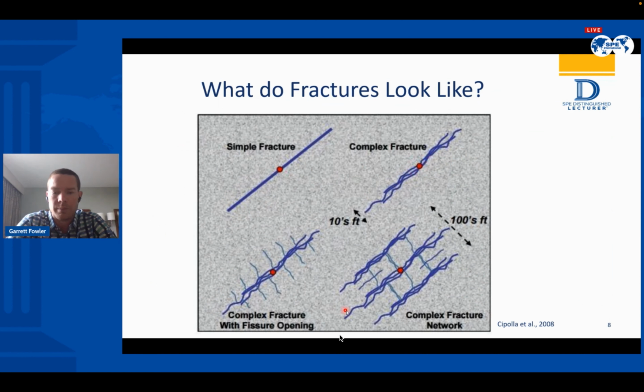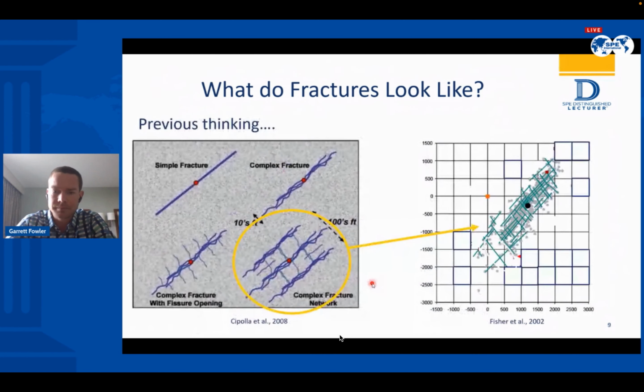to then what has been called complex fracturing or complex fracture networks, where you have branching and shattered glass.